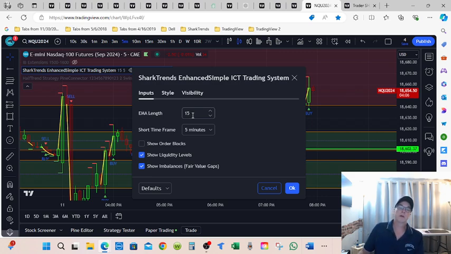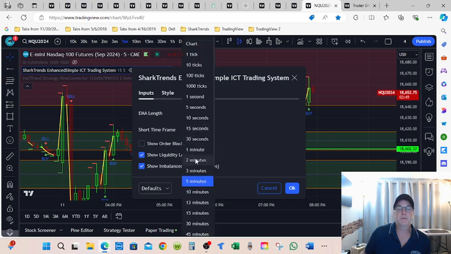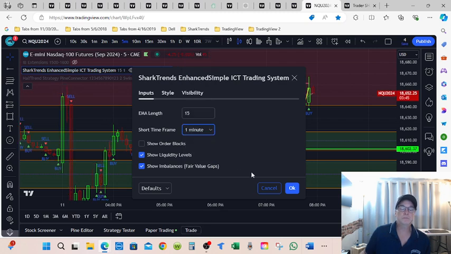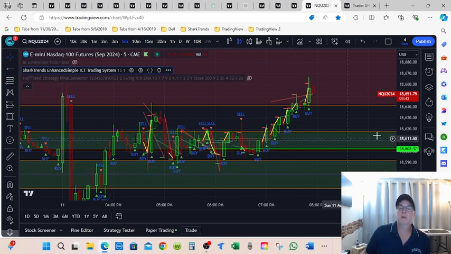This is a 15 EMA time length for this chart. You can have it on an equal time frame or higher than this short time frame. So basically I'm going to take this short time frame down to like a 1 minute, and it'll change all of the areas.